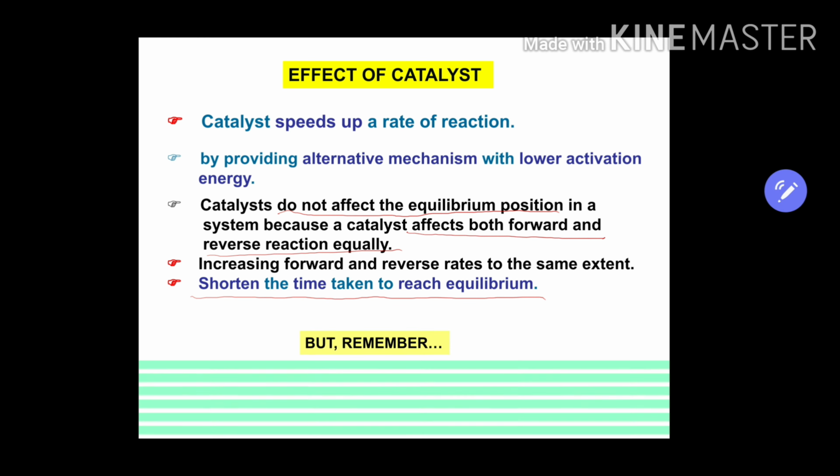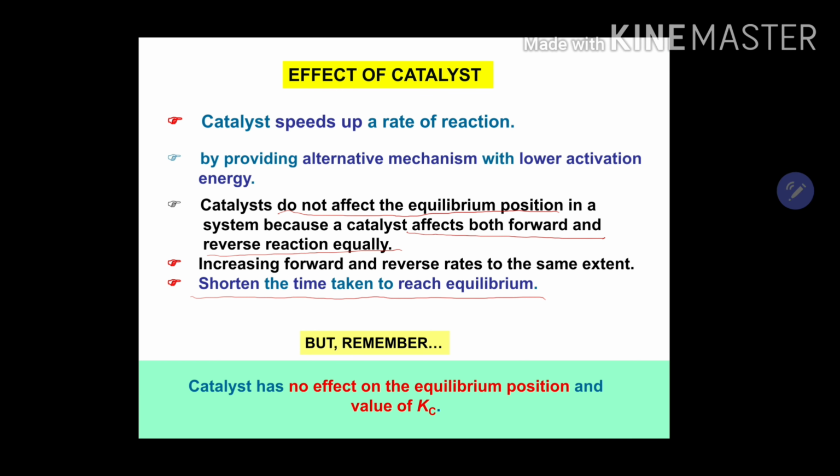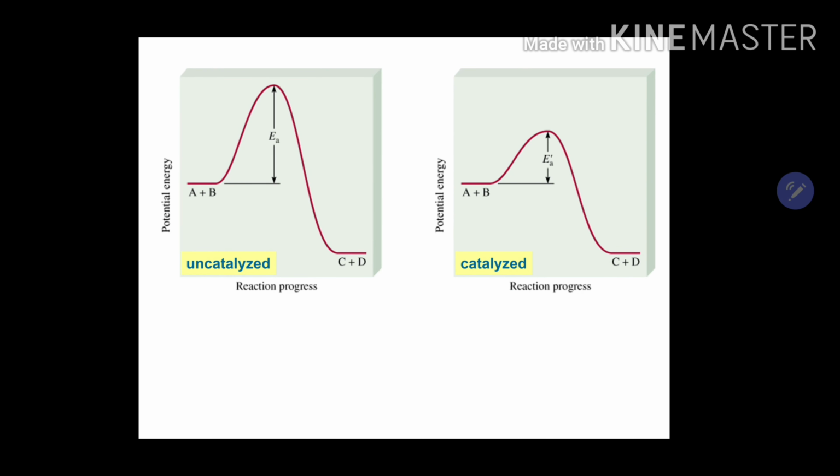But remember, a catalyst has no effect on the equilibrium position and the value of Kc. Now we have two figures of energy profile diagrams. As you can see, the activation energy in the uncatalyzed energy profile diagram is higher compared to the activation energy in the catalyzed energy profile diagram.